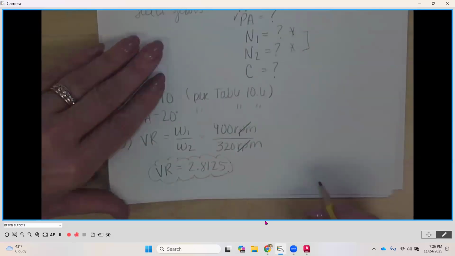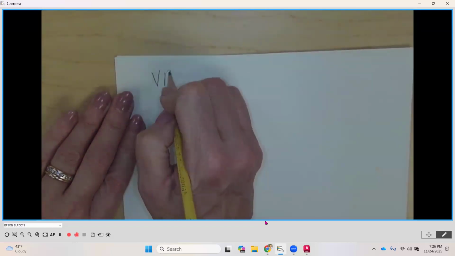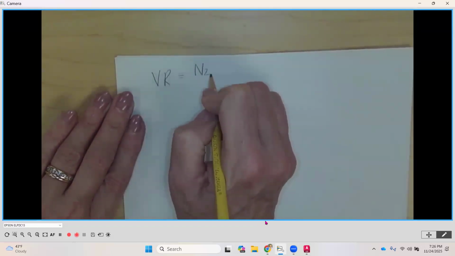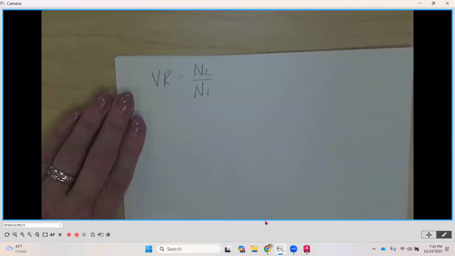So I am going to go to my next page here. I am going to say my velocity ratio is equal to N2 over N1. I know my velocity ratio.